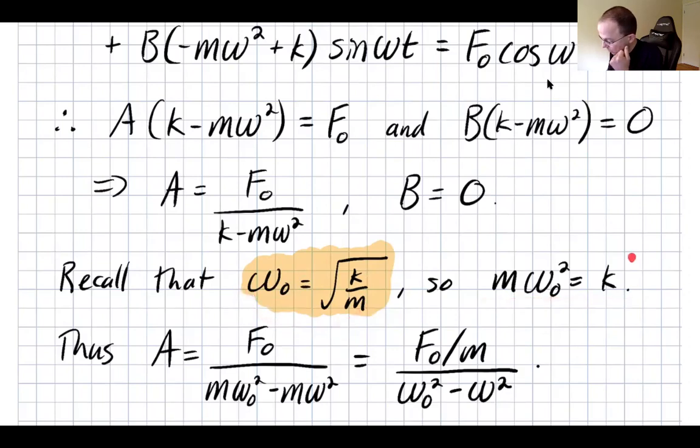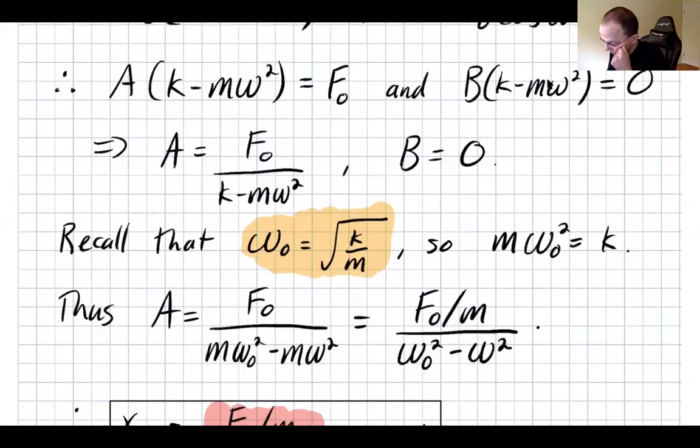Okay, so now we have this equation, which lets us substitute this k with m omega naught squared. And when we do that, we end up getting this, and then we can factor out this m and put it up in the denominator like that.